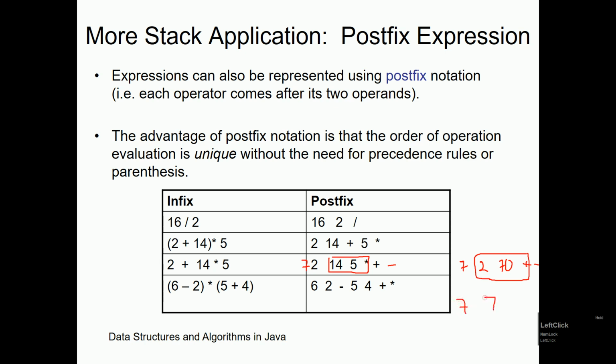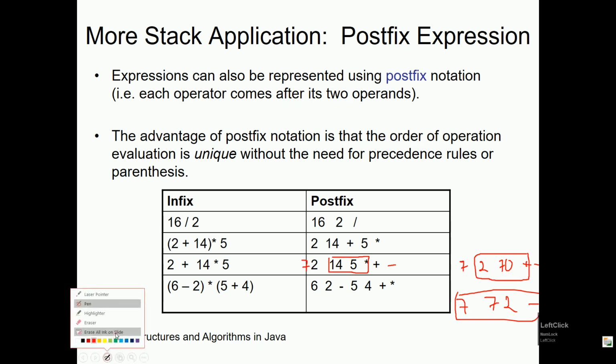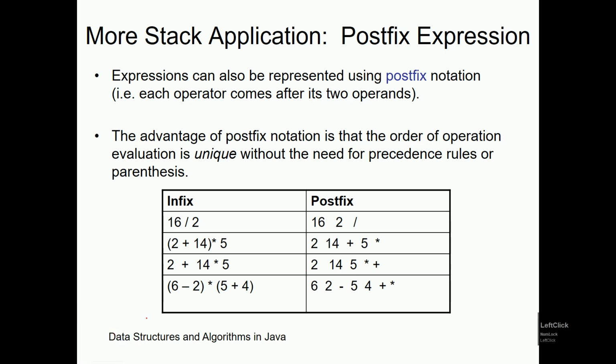So the result 72 minus, and duplicate it, and then this is going to do the operation again and keep that going. The main idea behind this representation is that you don't need to put any parentheses at all, because you basically specify the order where things should be executed.